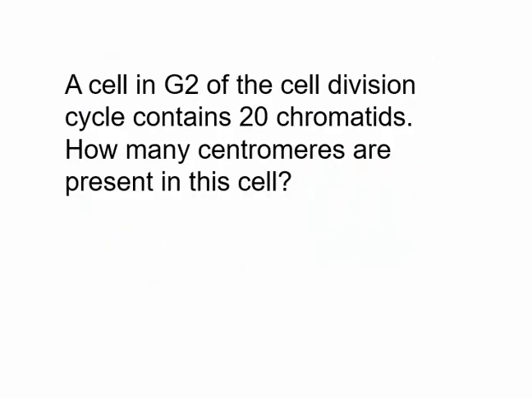Okay, so in a cell in G2 of the cell division cycle, it contains 20 chromatids. So how many centromeres are present? So I'll clarify, in G2, the DNA has replicated at this point. And so how many centromeres are present?